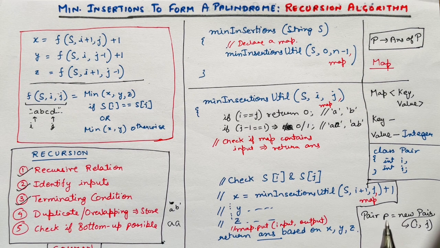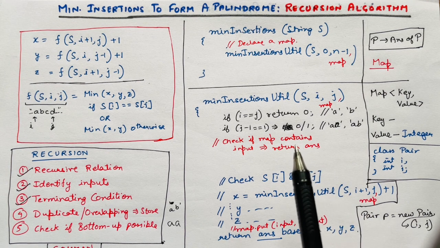These are only references to the memory addresses. So p in itself does not tell us anything about I and j. We can get I and j using p.i and p.j, but p itself refers to the memory address. So if here map dot contains p, it will try to search for this new memory address that we had just declared. So it won't be able to find the old memory address that we would have had when we put that in the map.